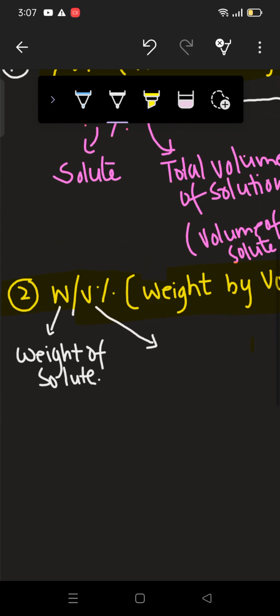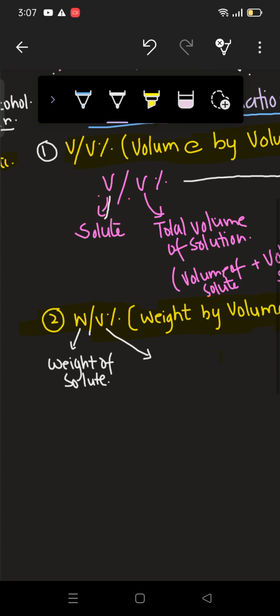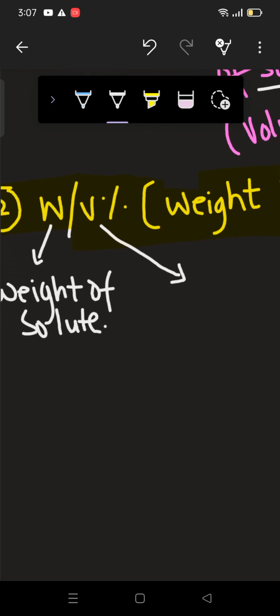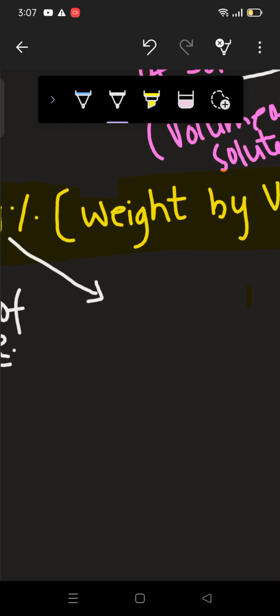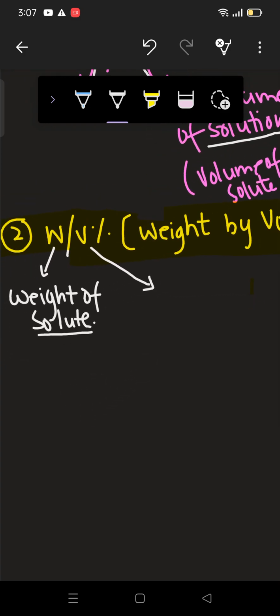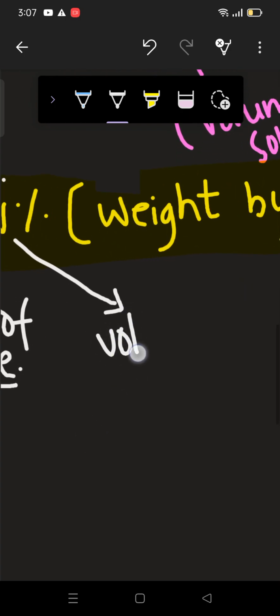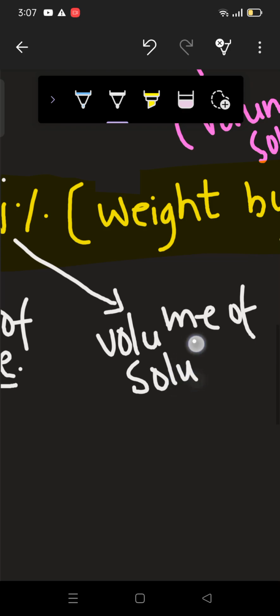As we discussed, the first part represents solute and the second part represents solution. Here we have weight, that's why weight of solute. Here we have volume, so volume of solution.